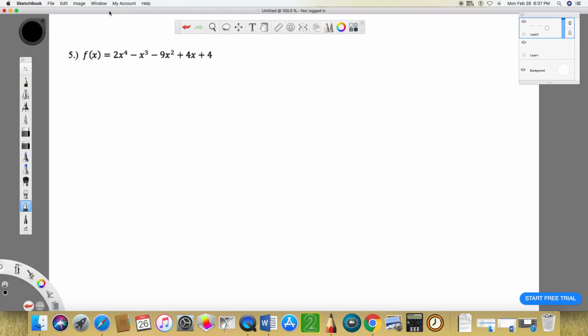All right, so we don't see any greatest common factor. This is in standard form with no missing powers on our exponents: 4, 3, 2, 1, constant. If we look at the factors of our constant term, that will help us to create a list of possible rational zeros.